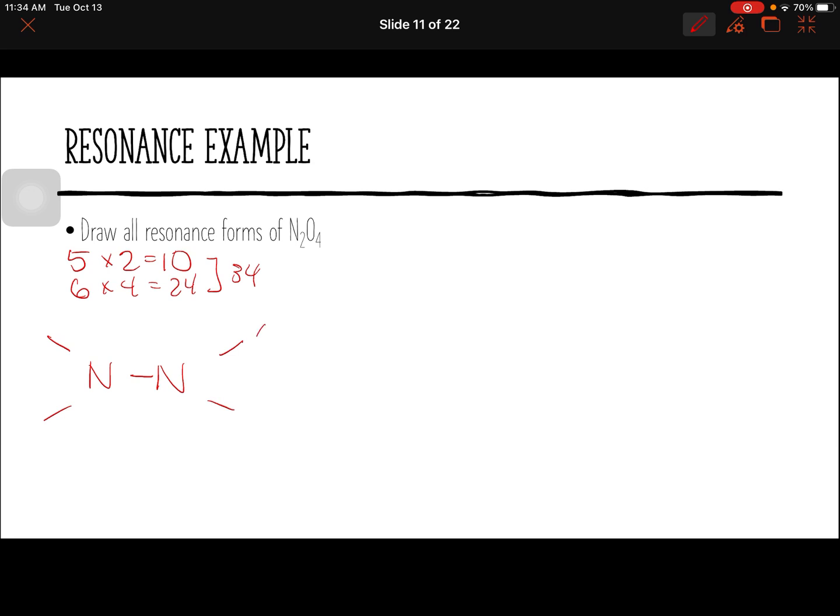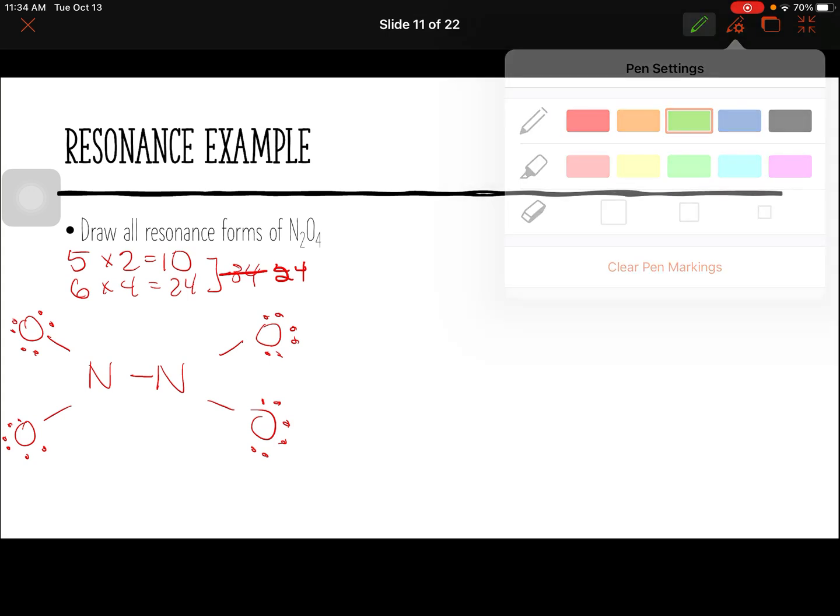Don't worry about the shapes. Okay, so right now there are 10 electrons. I need 24 left. And I'm going to eat up all 24 of those electrons by completing the octets for those oxygens. But the problem is that each of my nitrogens still only have 6 valence electrons. So I have choices now.